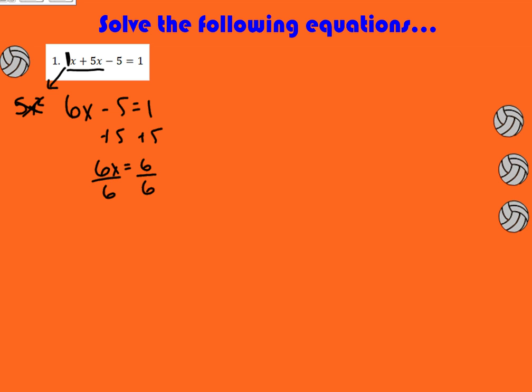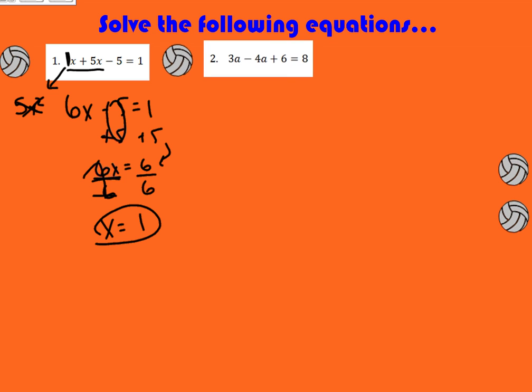All right, sorry, let me back up here. I'm adding 5 because I have minus 5 in the problem. So when I do that, that gives me 0. 1 plus 5 is 6. Now I'm multiplying 6 times x, so I've got to divide. 6 over 6 is a fancy way of saying 1, but 6 over 6 on this side is also 1. There's my answer. x is going to equal 1.